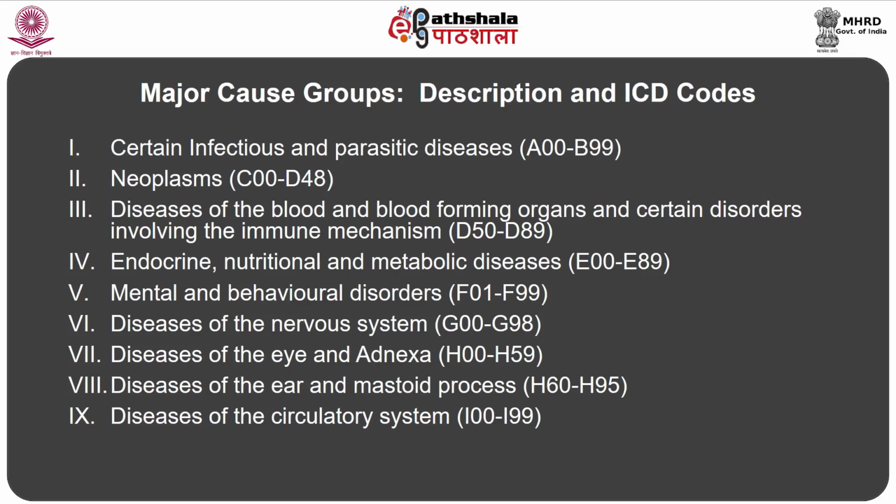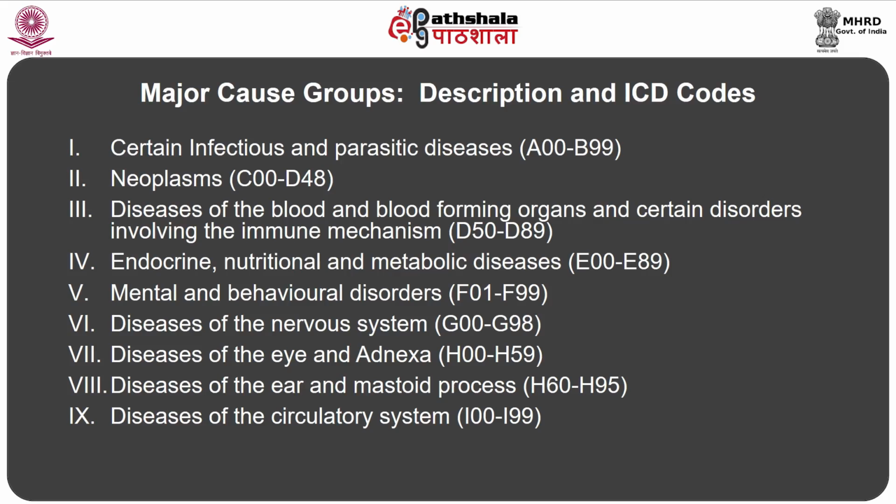Endocrine, nutritional and metabolic diseases, E00-E89. 5. Mental and behavioral disorders, F01-F99. 6. Diseases of the nervous system, G00-G98. 7. Diseases of the eye and adnexa, H00-H59. 8. Diseases of the ear and mastoid process, H60-H95.